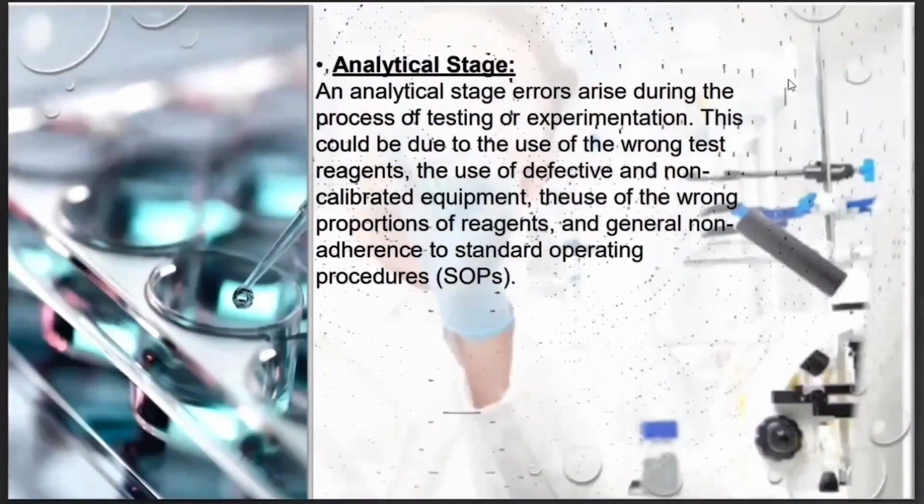All these errors can be minimized by ensuring that all laboratory equipment is well maintained and calibrated. A proper inventory is in place, outlining all reagents and their validity to ensure no expired reagents are in use. All standard operating procedures are documented and accessible. Actions are taken on staff that is continually non-compliant with the SOPs used.